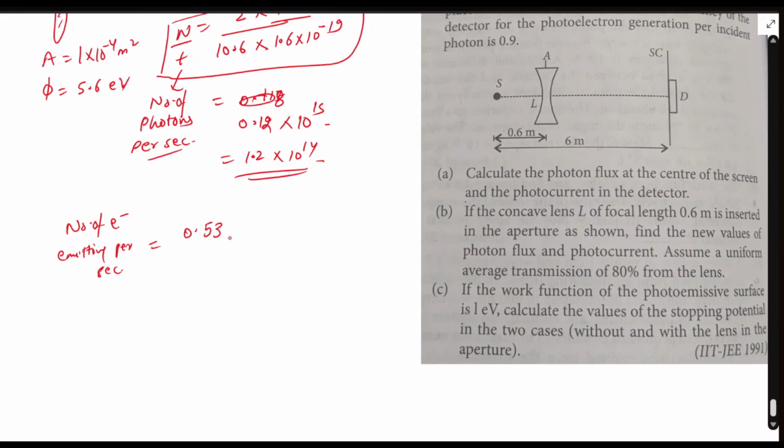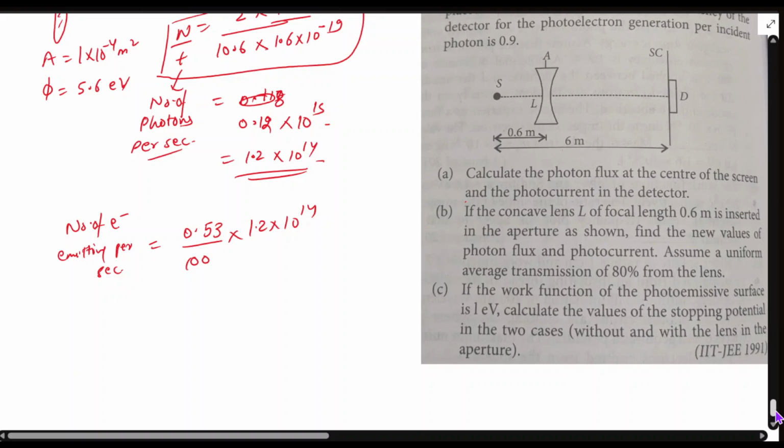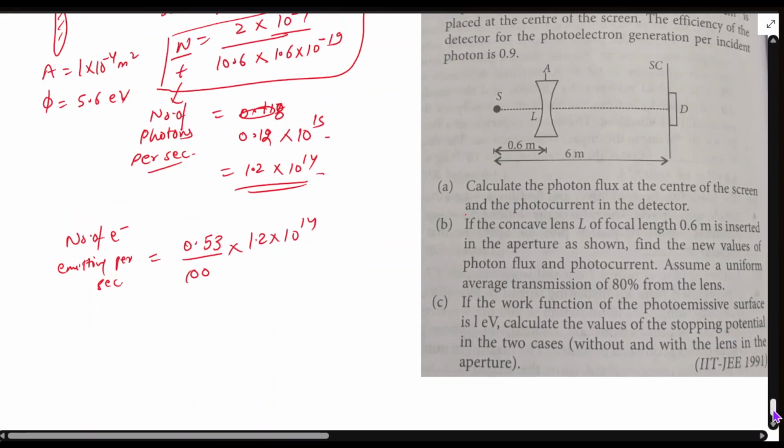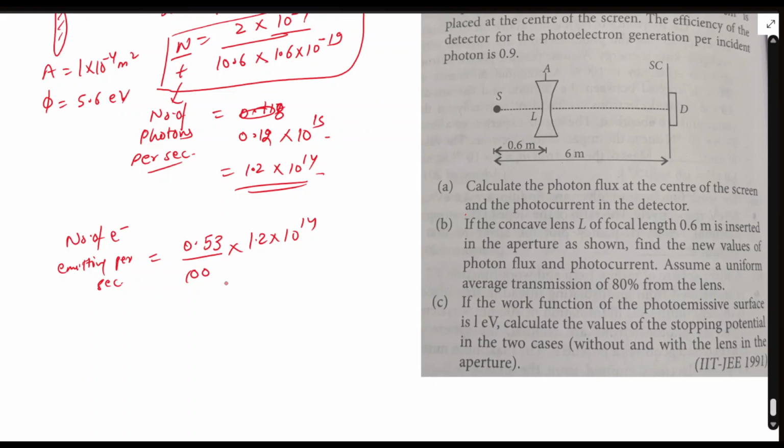So 0.53 divided by 100 into 1.2 into 10 raised to power 15. Let me use the calculator again, 0.53 into 1.2.